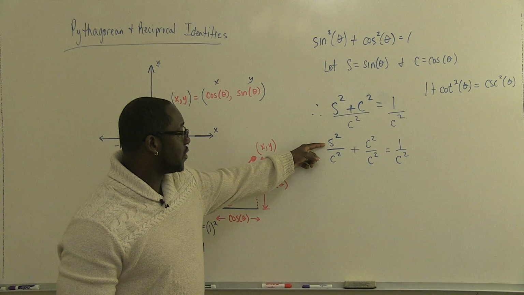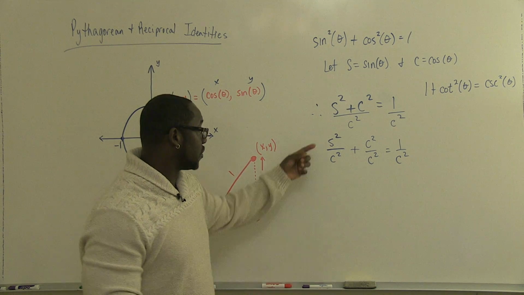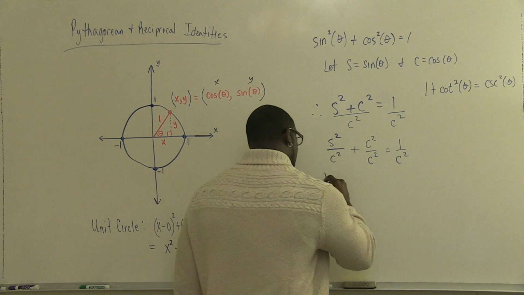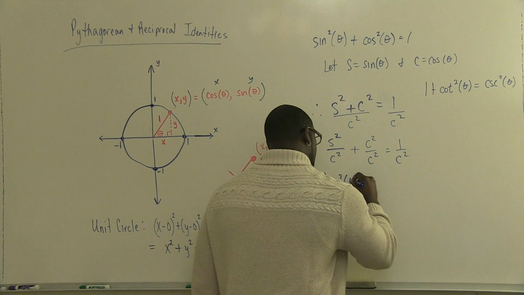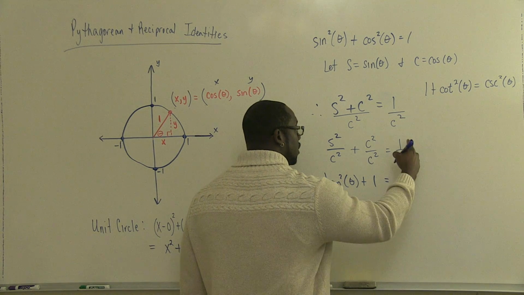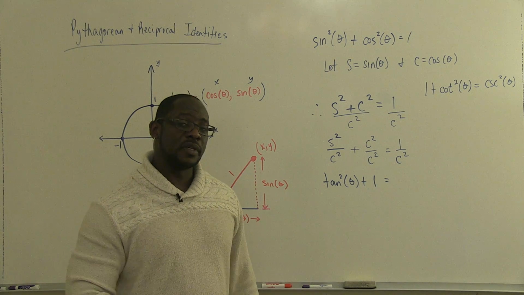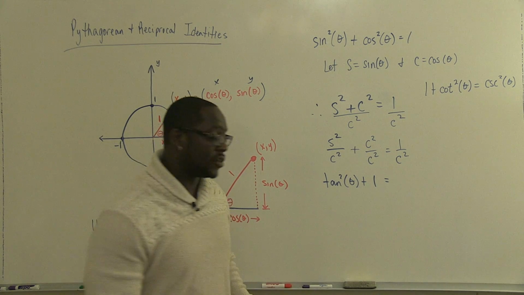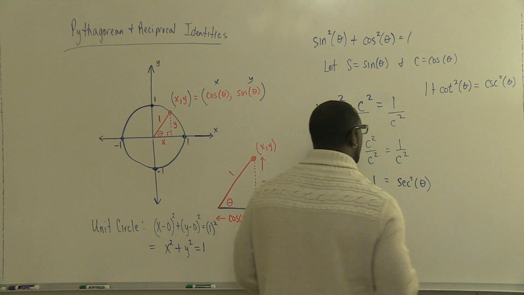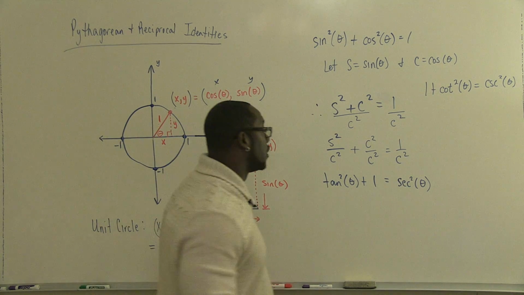Of course, we know here sine divided by cosine is just going to be tangent. So sine squared divided by cosine squared is going to be tangent squared. And of course, c squared divided by c squared is 1, and 1 over cosine is going to be secant. So 1 over cosine squared is going to be secant squared.